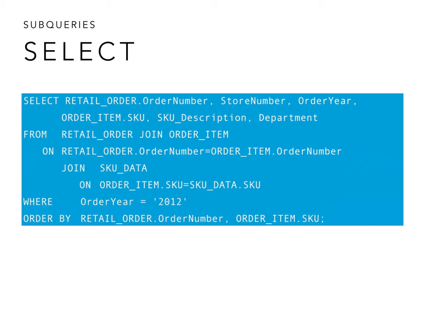You'll note that if you have two columns with the same name at play, then you need to say table name dot column name, right? Because there's a retail order dot order number and another, isn't there another order number too? The order item.